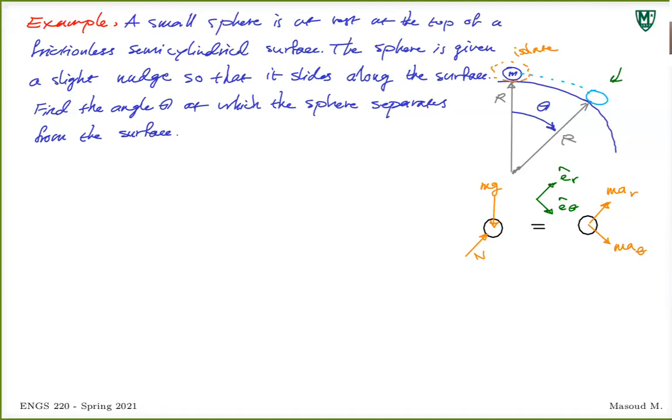That's pretty much it. So let's write the equations. Summation of forces in R is equal to MAR. Summation of forces in theta is equal to MA theta, right? So the angles, that's usually the part where things get lost. So if this is that, this one is theta. So in the R direction, what we got there?